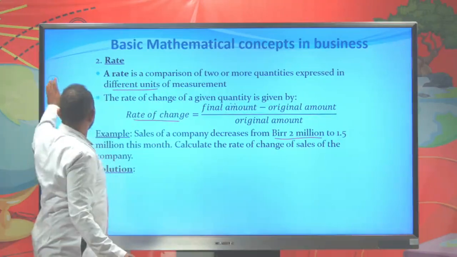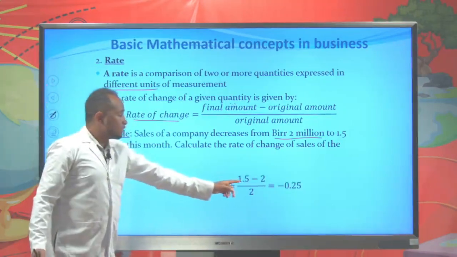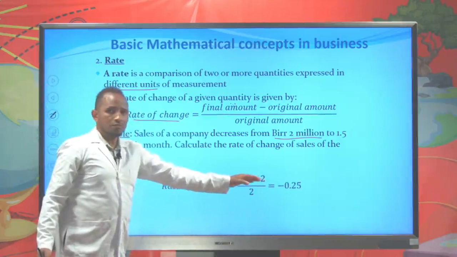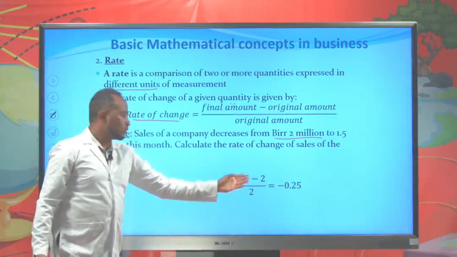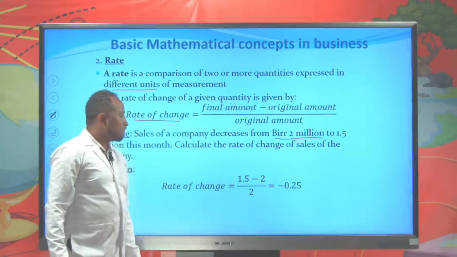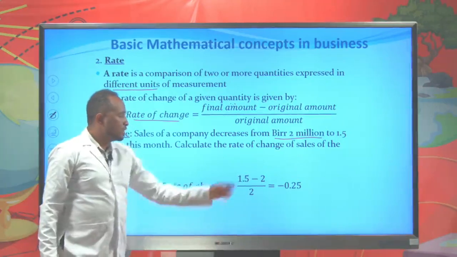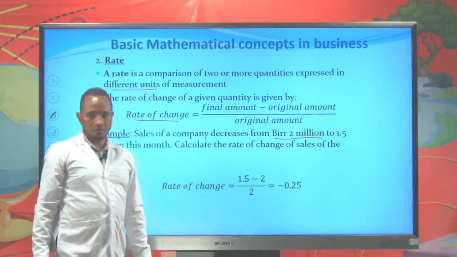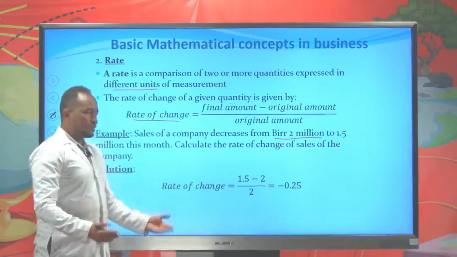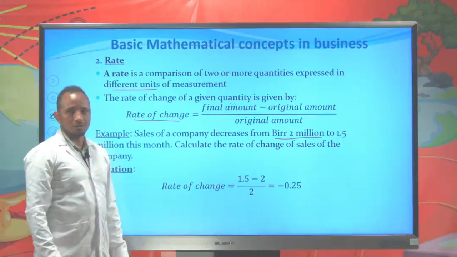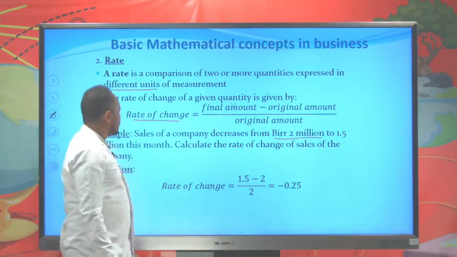So you will have 1.5 million minus 2 million, divided by the original, 2 million. The millions cancel, so simply take 1.5 minus 2 divided by 2, and you get negative 0.25. This negative indicates the rate of change is decreasing. Okay.